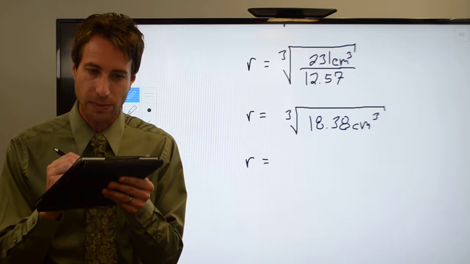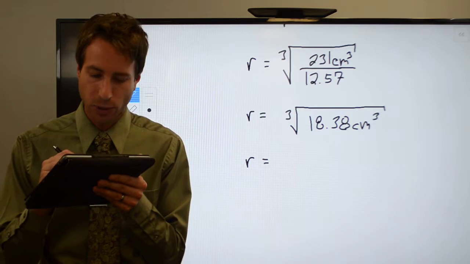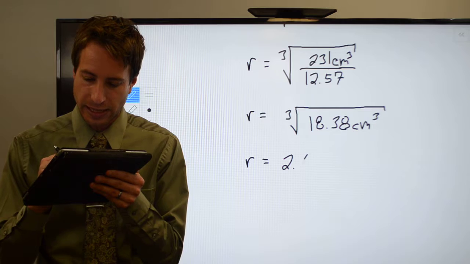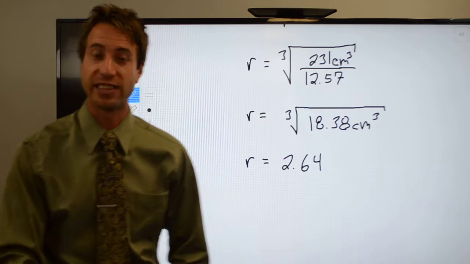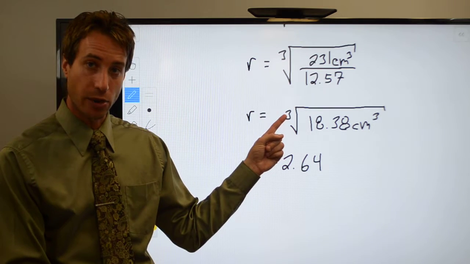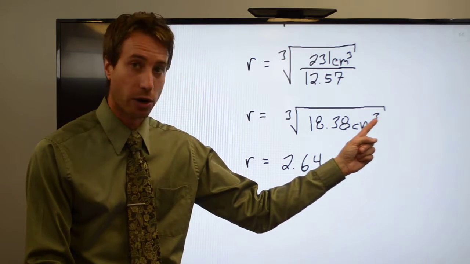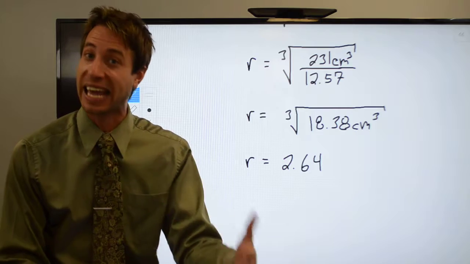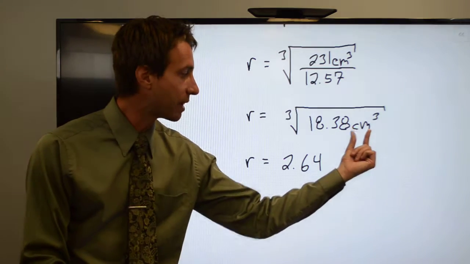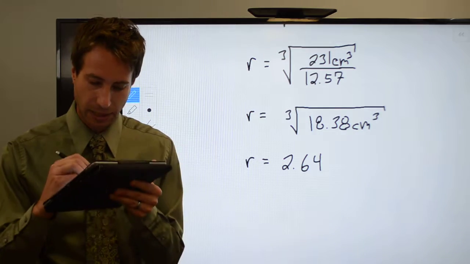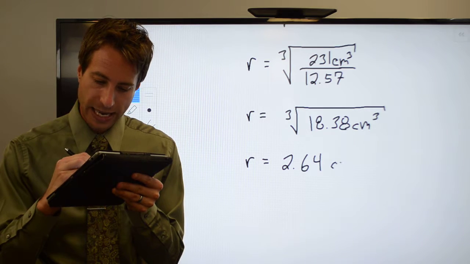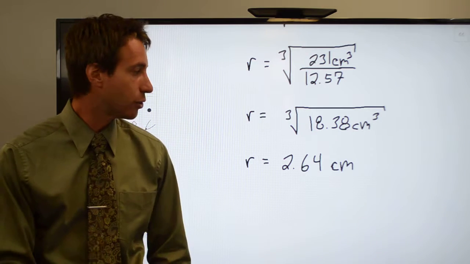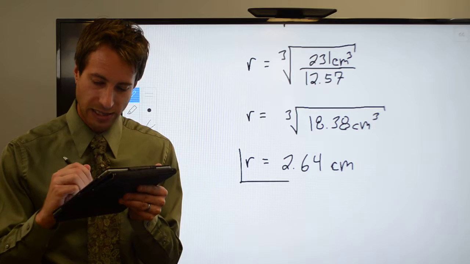And r is equal to the cubed root of 18.38. I get 2.64. And then check this out. Index is 3. The power is 3. Remember, whenever the index and the power match, they cancel each other out, and I would be left with just centimeters. So the radius of my sphere is 2.64 centimeters.